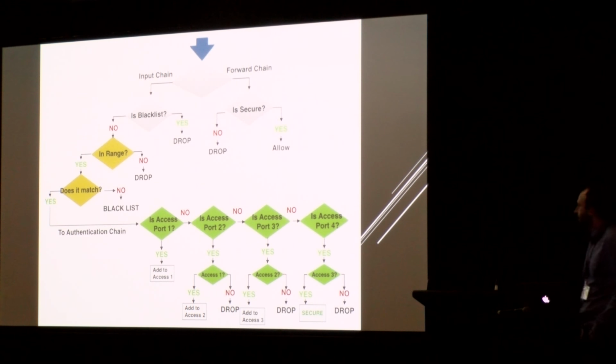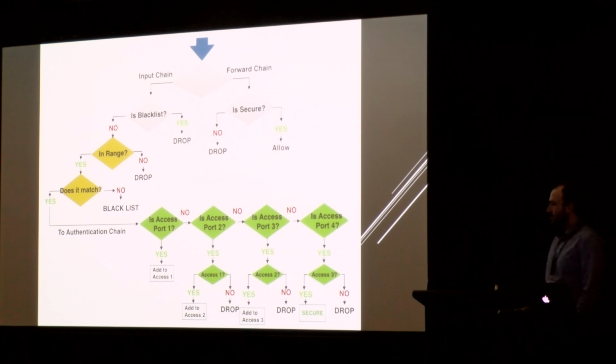And here's the way the firewall filters packets. I've simplified it here, where you have either input or something going to a known service. If someone sends a packet to a host that they want to connect to, they have to be on the secure list.